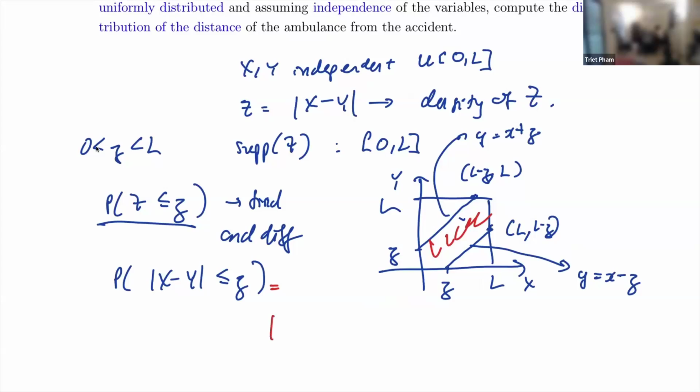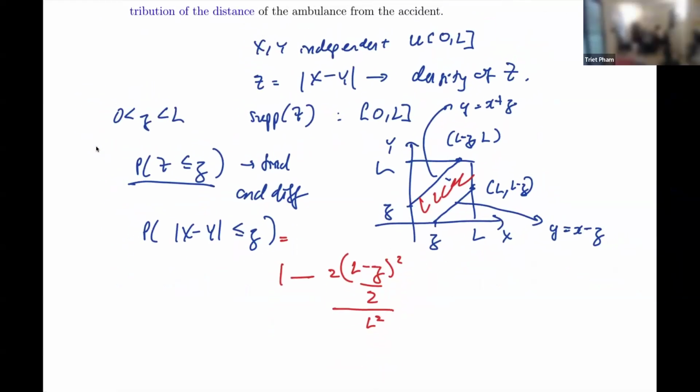So let's do 1 minus (L minus z) squared over 2 times 2, the whole thing divided by L squared, which is what you said, to turn it into a probability. If you simplify, the easiest way to write this is 1 minus (1 minus z over L) squared.